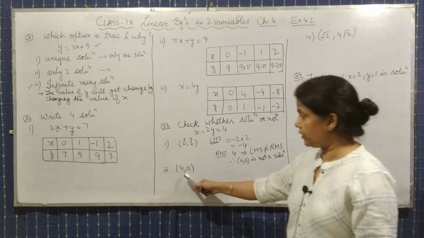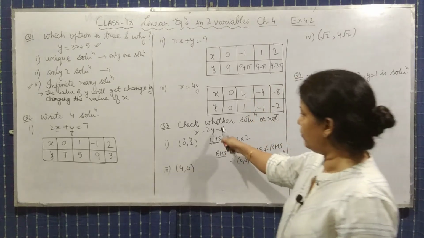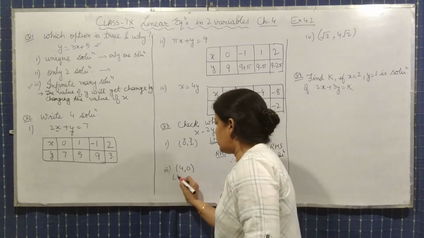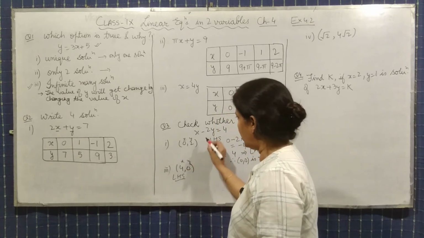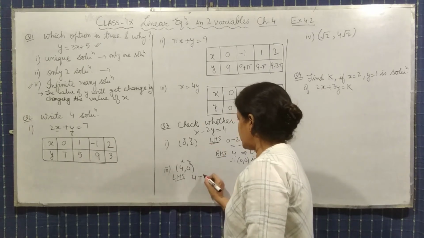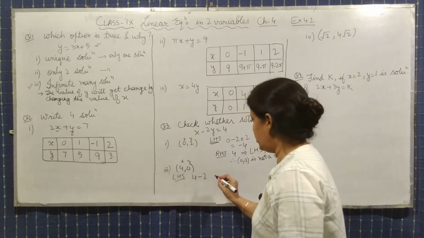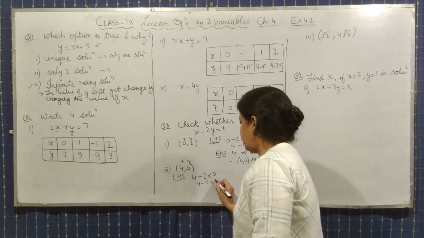Okay. Now we will take the third part. (4, 0) पुट करके देखते हैं इन द गिवन लीनियर इक्वेशन. Take LHS. This is x and this is y. x की जगह 4 डालेंगे, 4 माइनस 2 इंटू y वैल्यू 0. Solve it. 4 minus 0, that is 4.